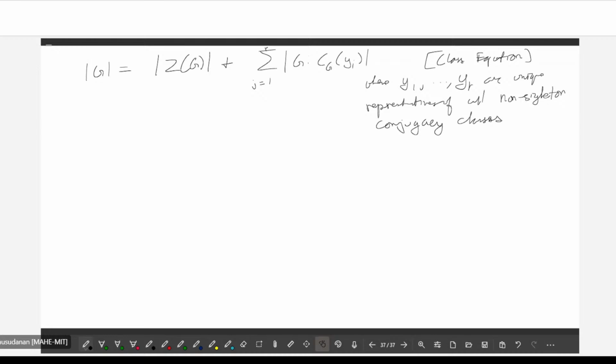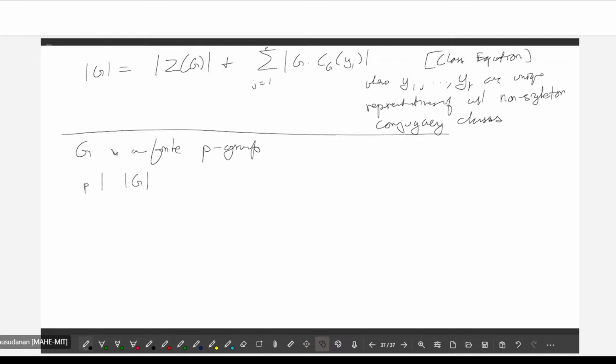Now, if in particular G is a finite p-group, then what can you say? So p divides the order of G, right, since G is a finite p-group.